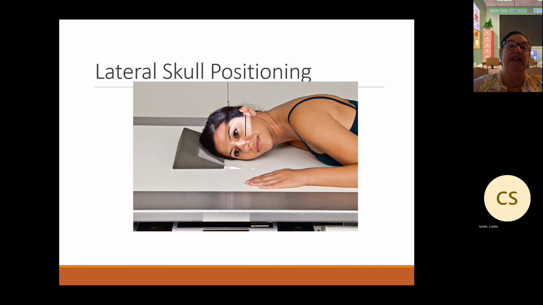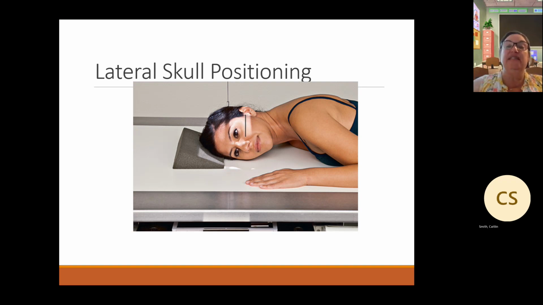We align the mid-sagittal plane parallel to the image receptor, ensuring that there's no rotation or tilt. We want to make sure the interpupillary line is perpendicular, and the IOML, infraorbital meatal line, is perpendicular to the transverse process of the outer edge of the image receptor. So the IOML really becomes parallel with the table, okay?